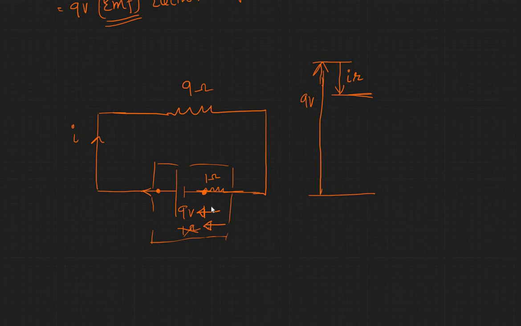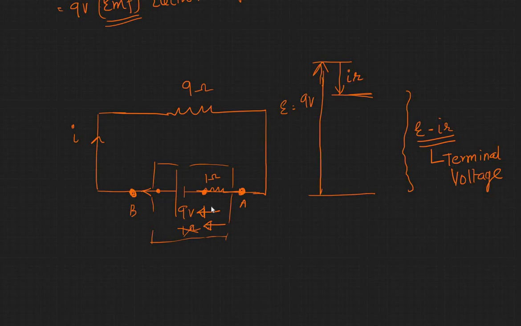So the net energy which is available would be E minus IR, and this we call the terminal voltage. This is the voltage that will be between these two ends. So you get 9 but you lose some between these 2 points, between A and, let's say, B.